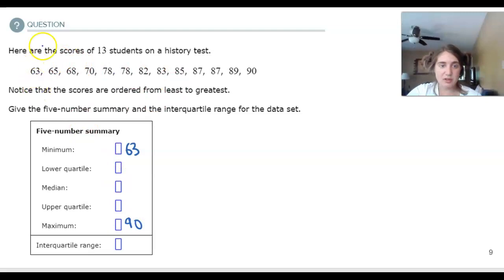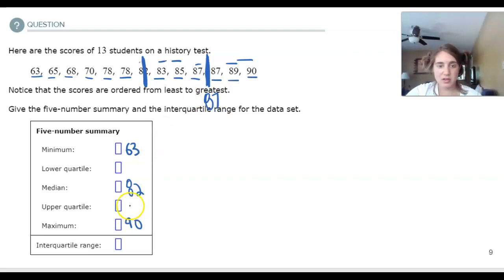These are already in order. Let's go ahead and find the middle. So my median is 82. And now I'm going to go ahead and find Q3, 87. 69 is the middle of that.